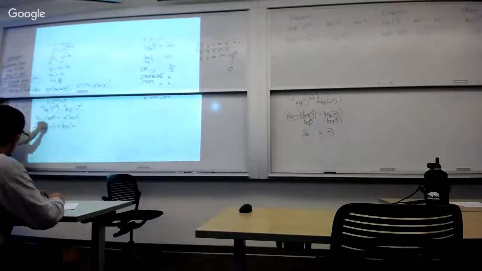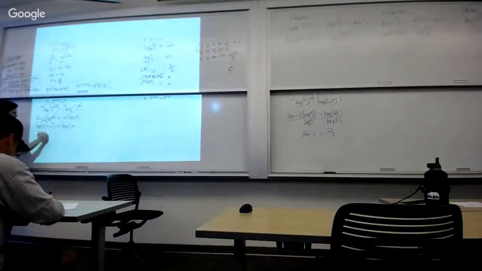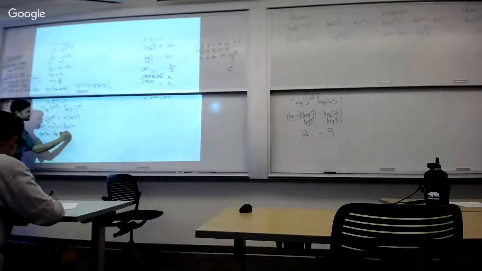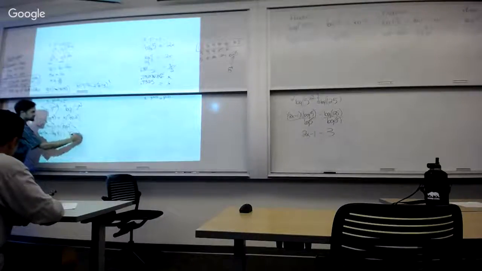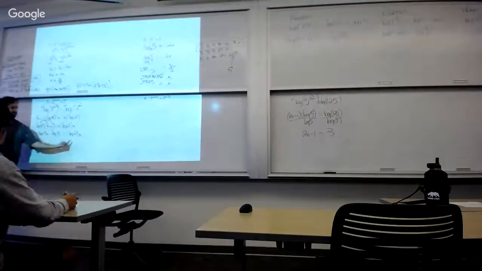Let's go ahead and try it. Distributing log 3, that becomes (log 3)x minus log 3 equals (log 2)x. Log 3 and log 2 are still just coefficients. They're just numbers. Just like any standard algebra, what would we do now?